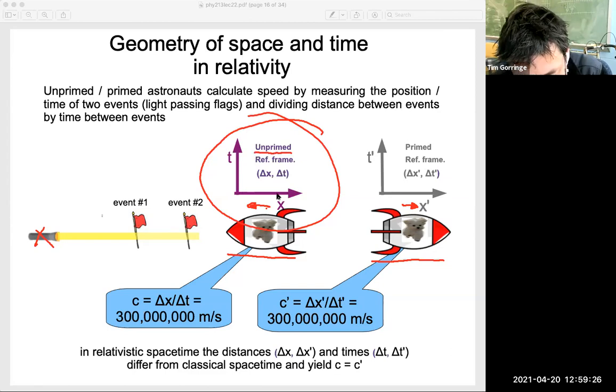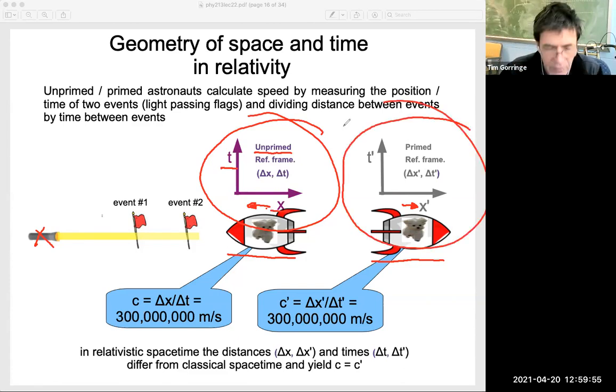Its spatial coordinates are x, or spatial distances would be delta x, and its time coordinates are t, or time intervals would be delta t. So with the unprimed x's and t's, we're going to label that observer's reference frame.